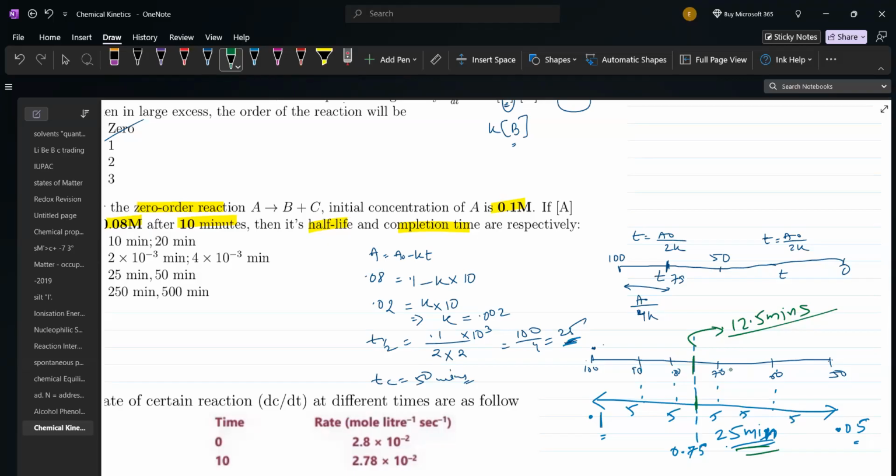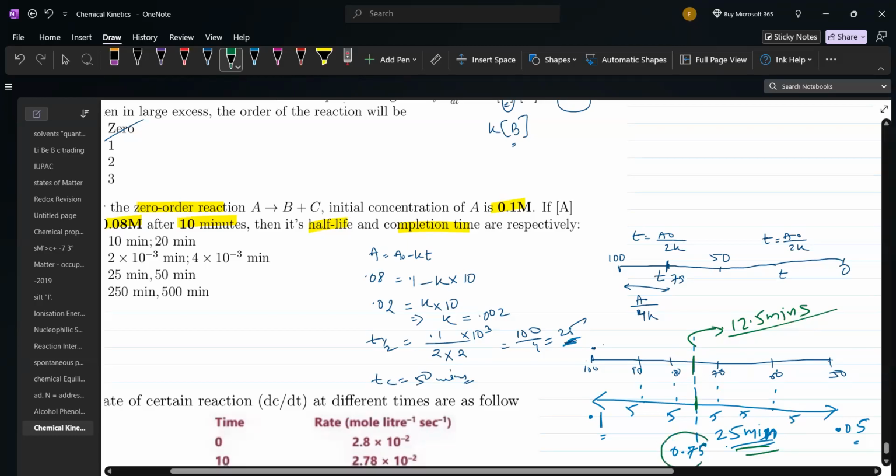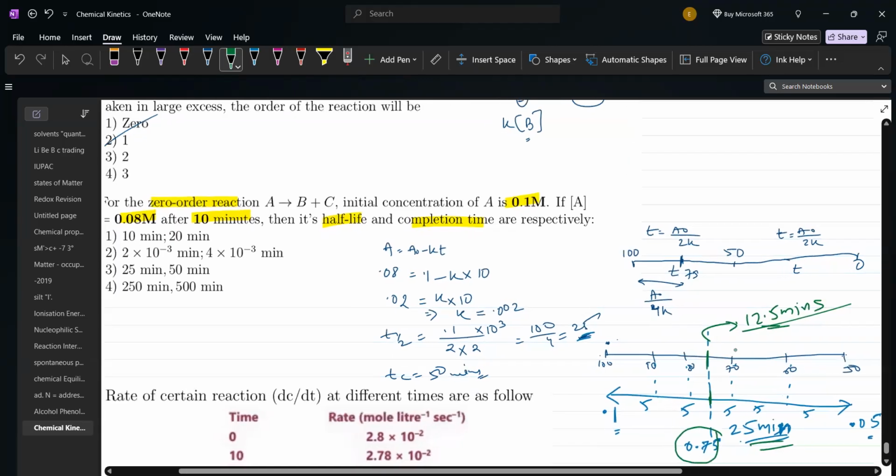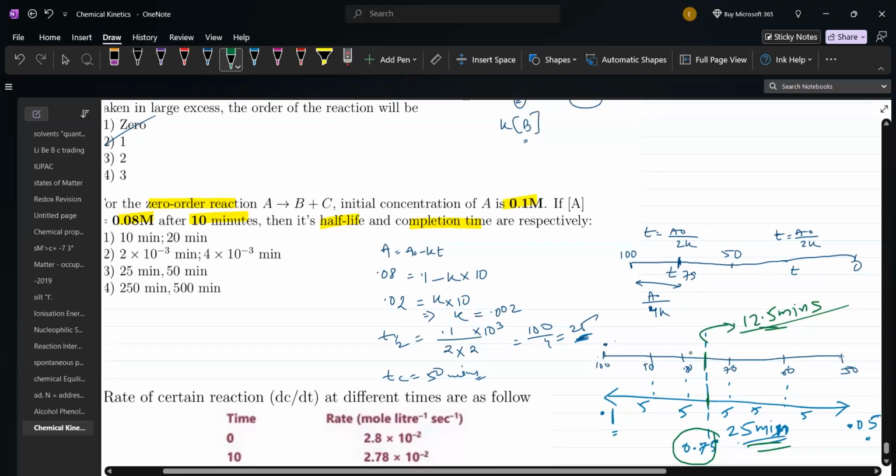So the concentration was here 0.75, and the time was 12.5 minutes already gone. Before that there was some 10 minutes, right? For 10 minutes, you can say that this much concentration is gone this side.